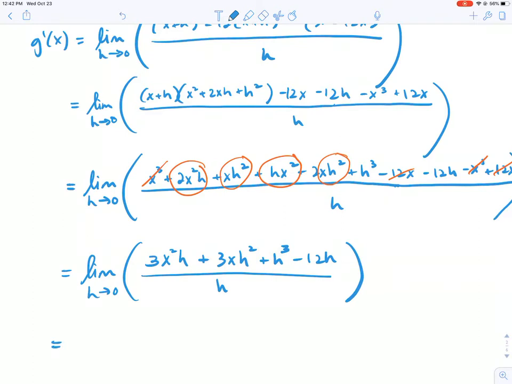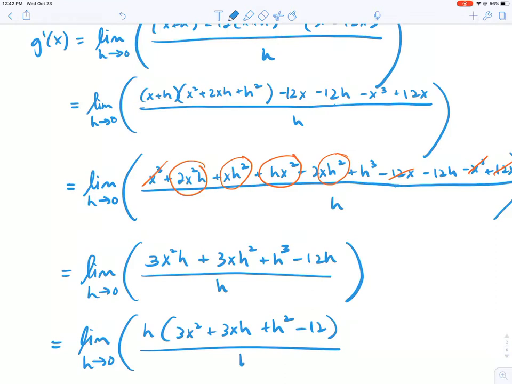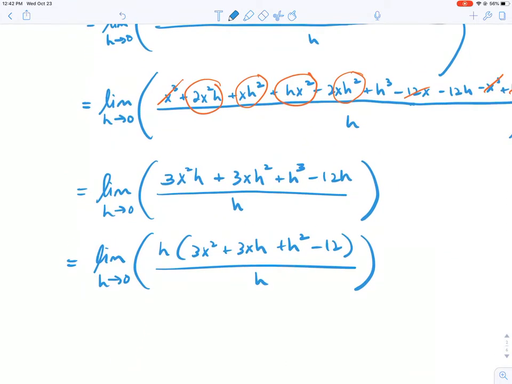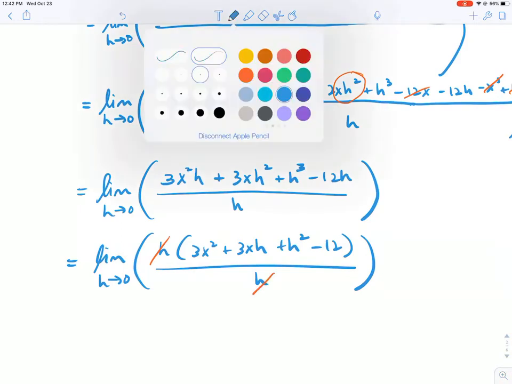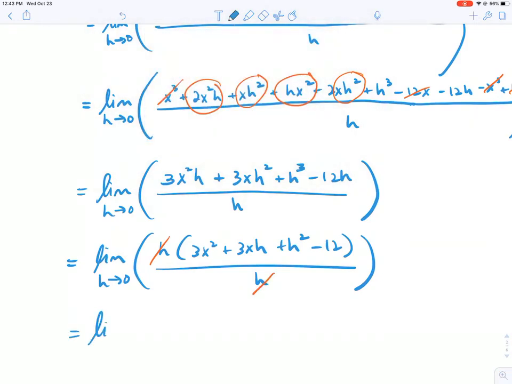And we can factor an h out of the numerator. So now that h cancels with the h in the denominator, leaving us with the limit as h approaches 0 of 3x squared plus 3x times h plus h squared minus 12.